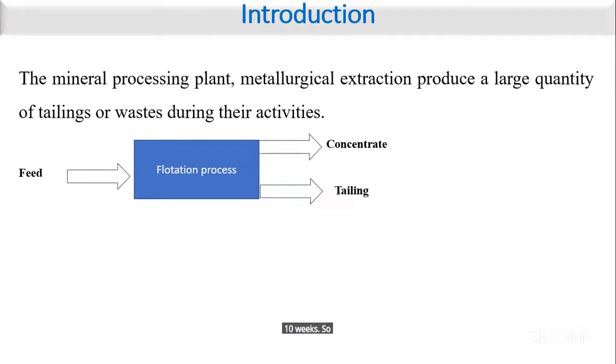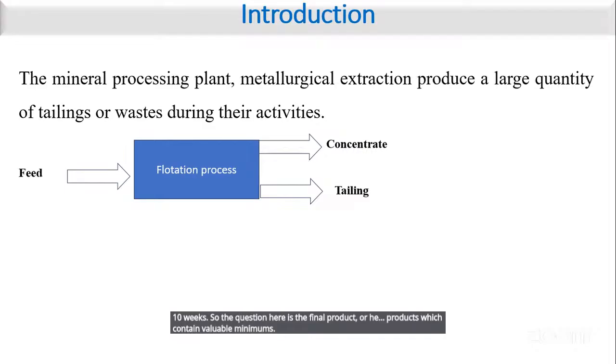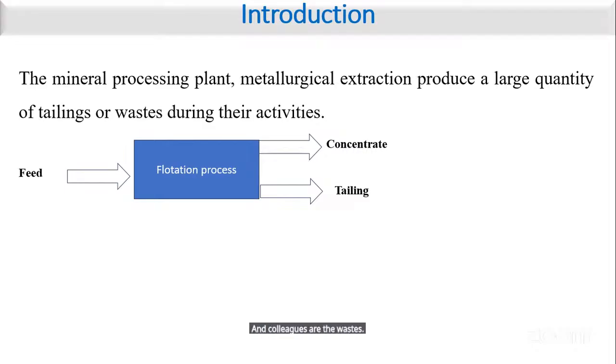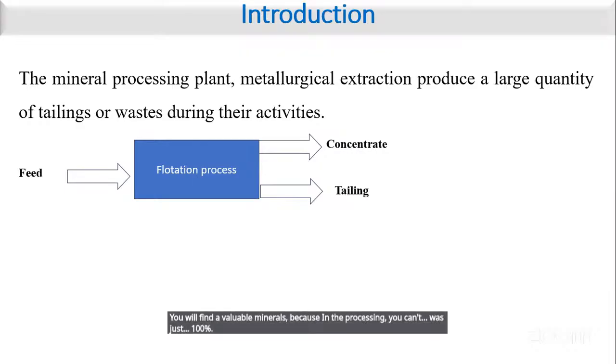The concentrate is the final product, which contains valuable minerals, and the tailings are the waste and non-valuable minerals. But of course, it's not 100% waste, because even in the tailings you will find valuable minerals. In processing you can't recover 100%; you always lose some valuable minerals.